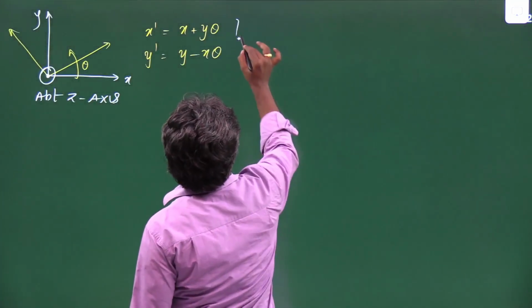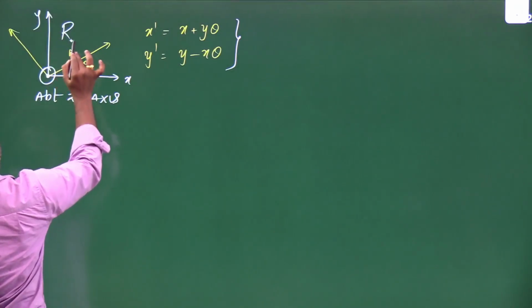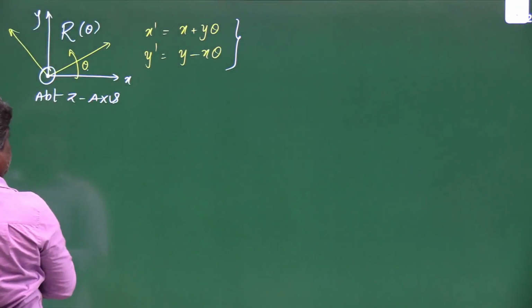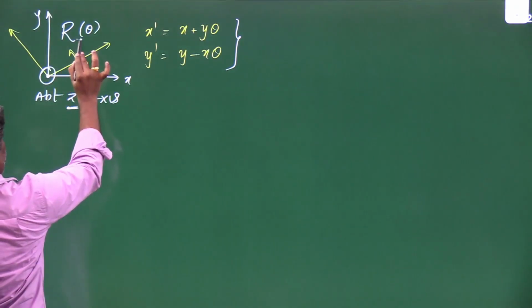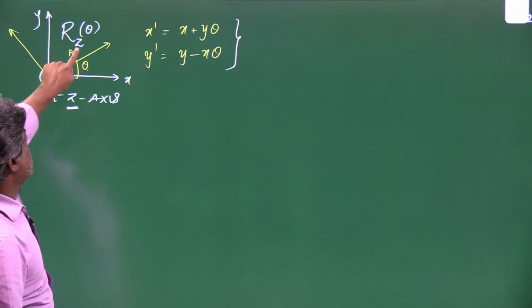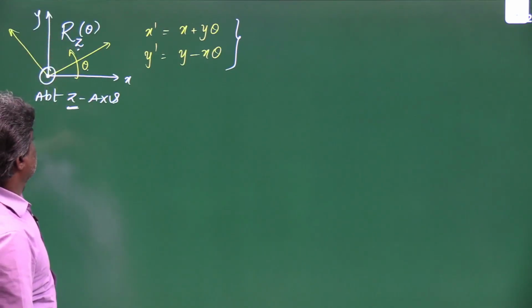Now tell me, sir. Okay, so here I am going to find the rotational operator through what angle? Theta. About which axis? That's why z. For example, if I am rotating about x axis, here x will come. If I am rotating about y axis, here y will come.